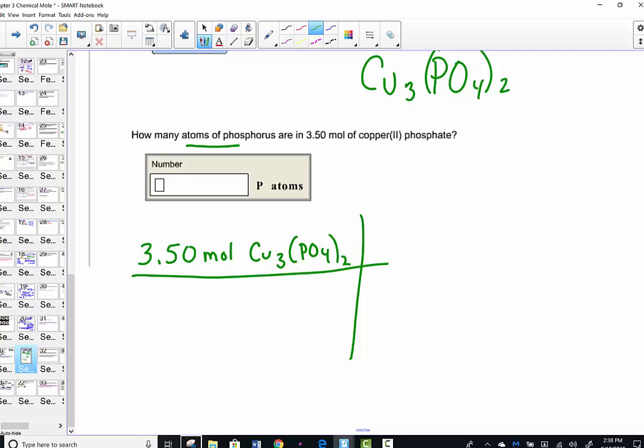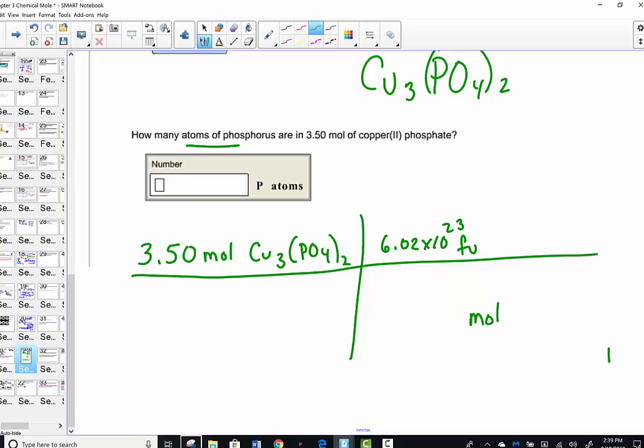I'll set up a series of conversions that cancels the mole and brings me to the number of individual particles, and that's Avogadro's number, right? Counting is Avogadro. And what I'm counting is this ionic compound. Anytime you crisscross charges, they're built of ions, and their building blocks are called formula units.